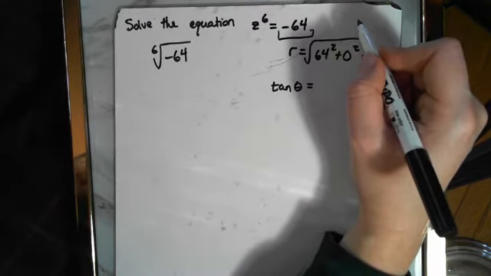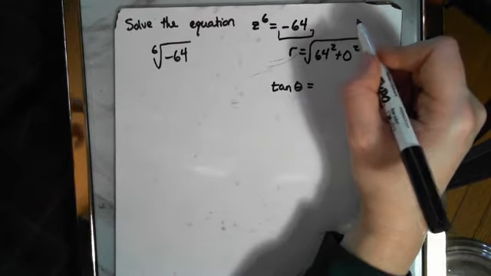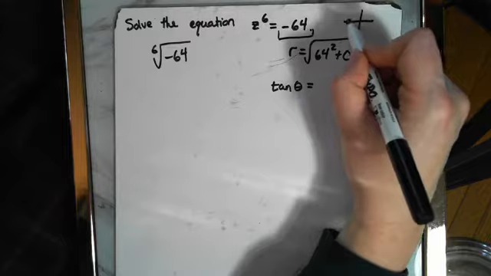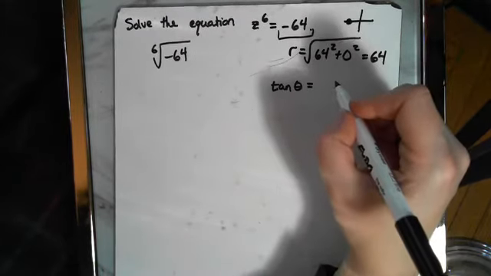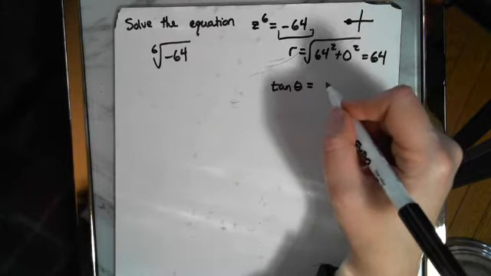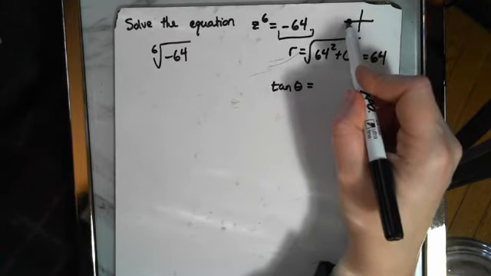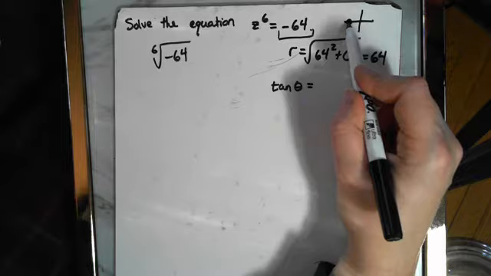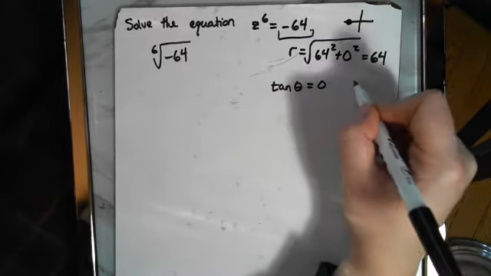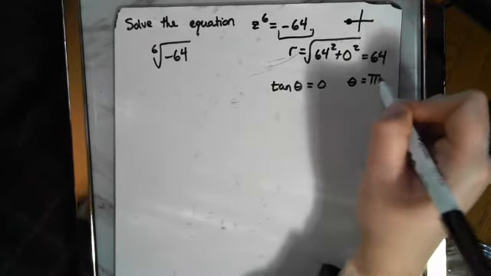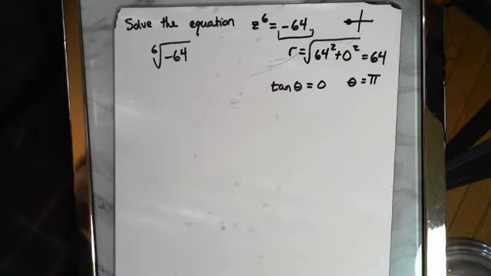This is just going to be on the x-axis. -64 is over here. So I don't really need to do this. I could do that it is y divided by x, so 0 divided by -64 is just 0. And I'd find out that theta is pi. I don't necessarily need to do that if I just graph it and say, hey, look, -64 is at pi.